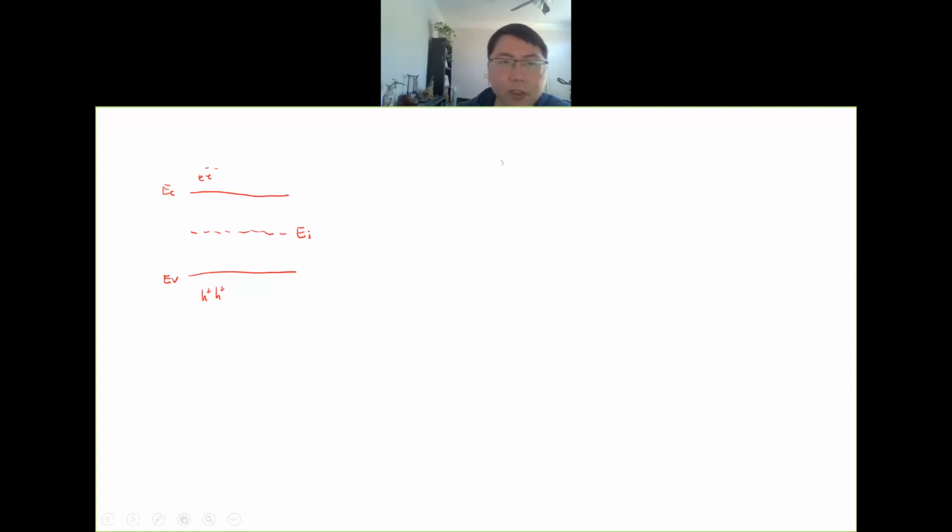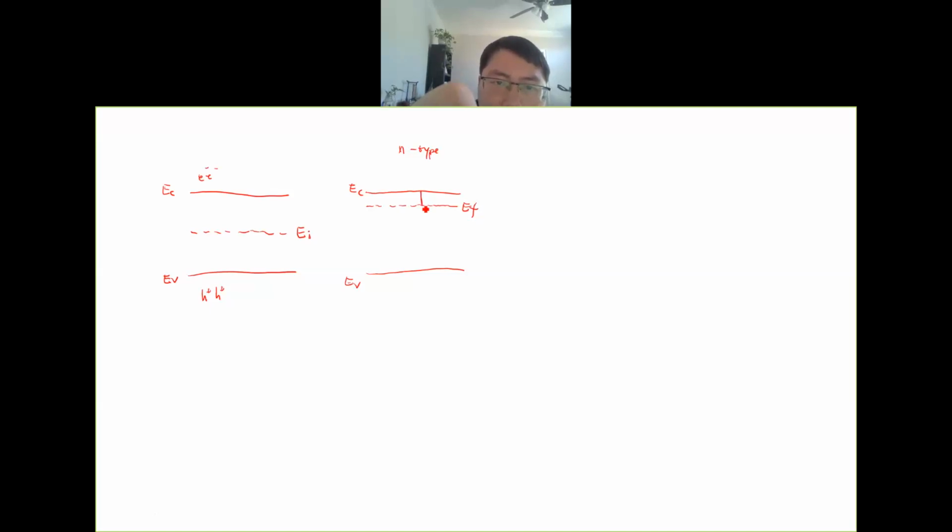And then with the doping, we will move the Fermi level. For example, if you have N-type doping, then the Fermi level will be closer to the EC and farther away from the EV. And we care about the distance between the conduction band edge EC and the Fermi level EF.